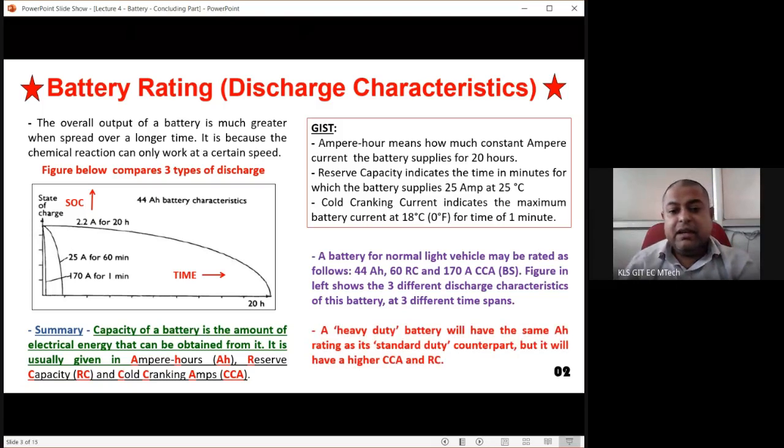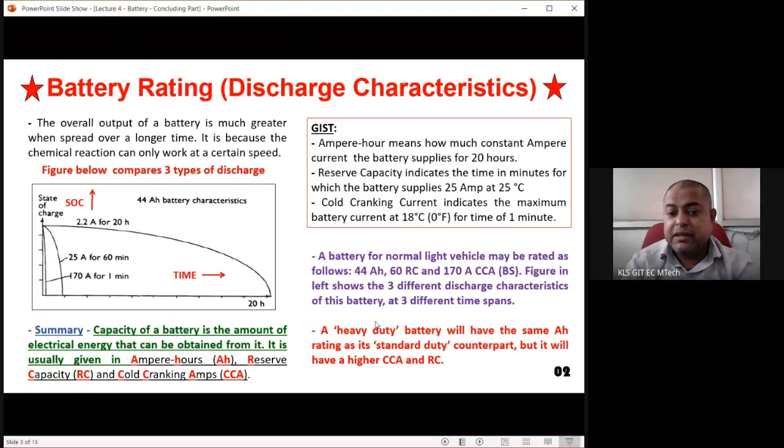One more detail, a heavy duty battery will have the same ampere hour rating as its standard duty counterpart. That means a heavy duty battery also will be able to give us 2.2 ampere for 20 hours, but it will have a higher CCA and RC. So this is a very important thing.